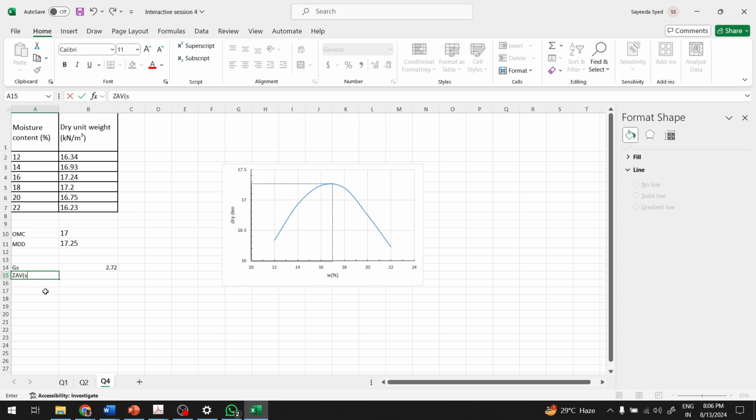For the ZAV line, S will be 100, and the ZAV density will be Gs gamma W over 1 plus Gs W over S. Gamma W was 1.